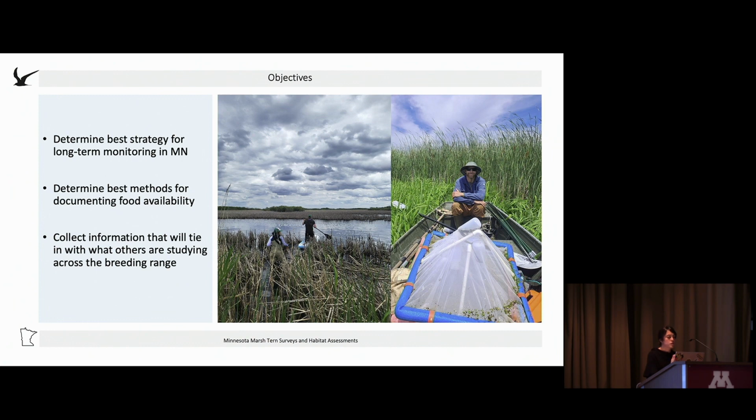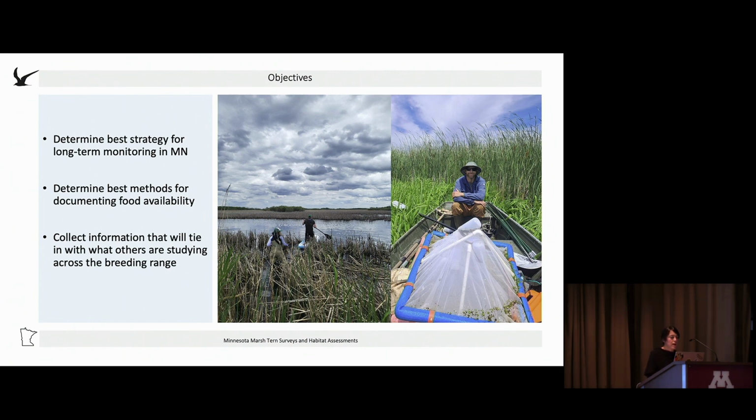Some of our other objectives were to determine the best way to try to monitor these species long term in the state, because of course they can be challenging, based on where they're nesting, to access easily for regular monitoring. So that was one of the goals of this project as well.